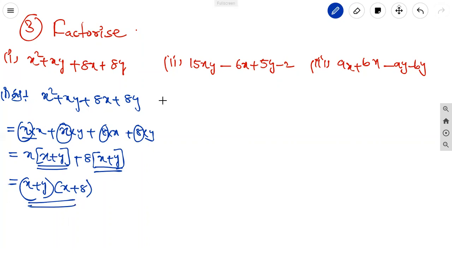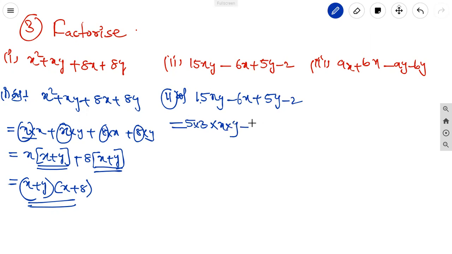The second one is also 15xy minus 6x plus 5y minus 2. Here 15 can be written as 5 into 3 into x into y.